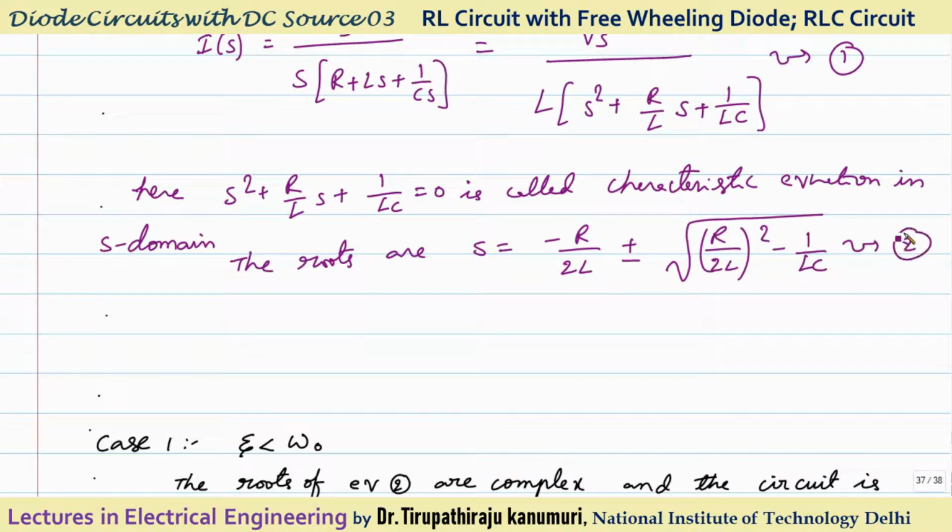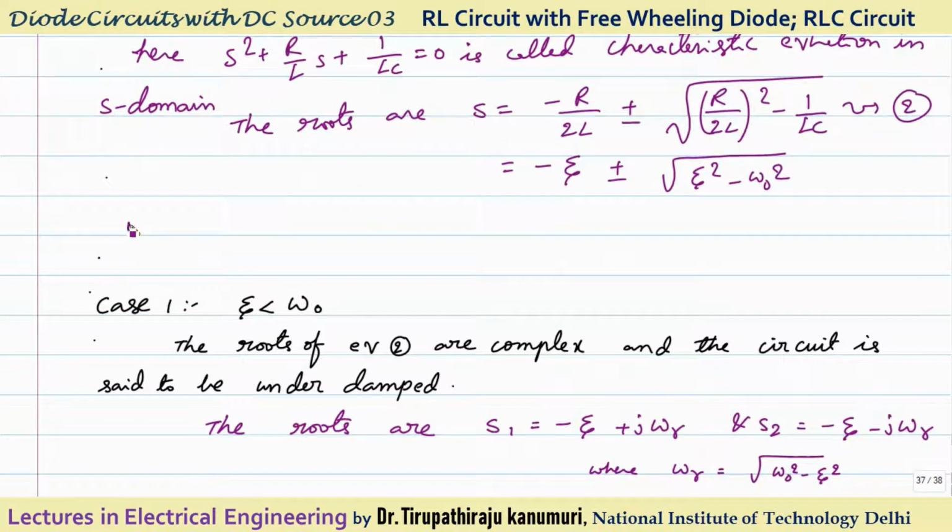Let us take it as equation number 2. This can be written in this form as minus zeta plus or minus square root of zeta square minus omega naught square. So what is the value of zeta? The value of zeta is equal to R by 2L, because we are taking zeta square as this one. So zeta is R by 2L.